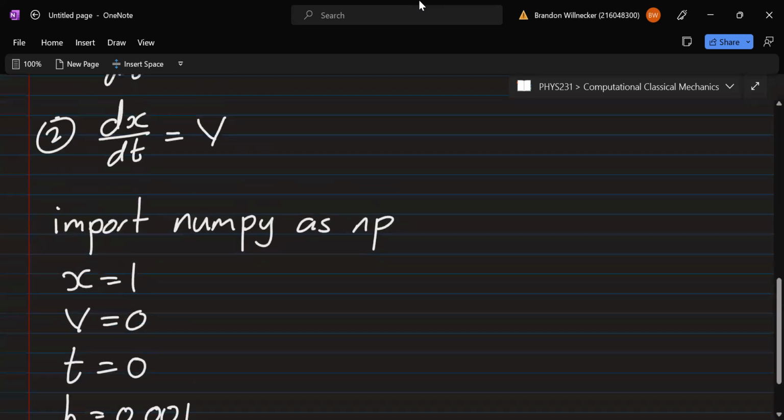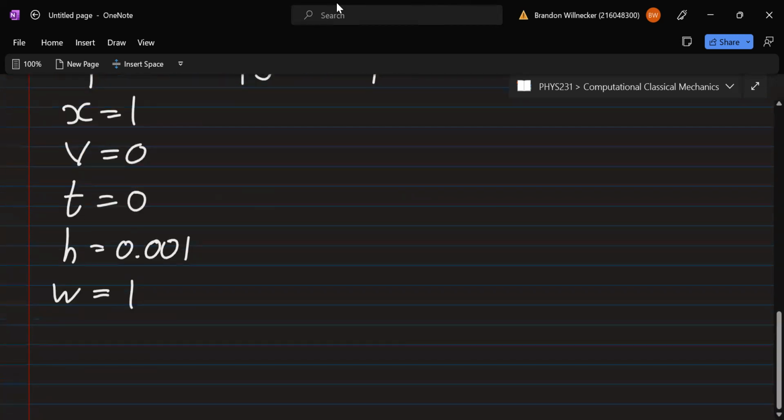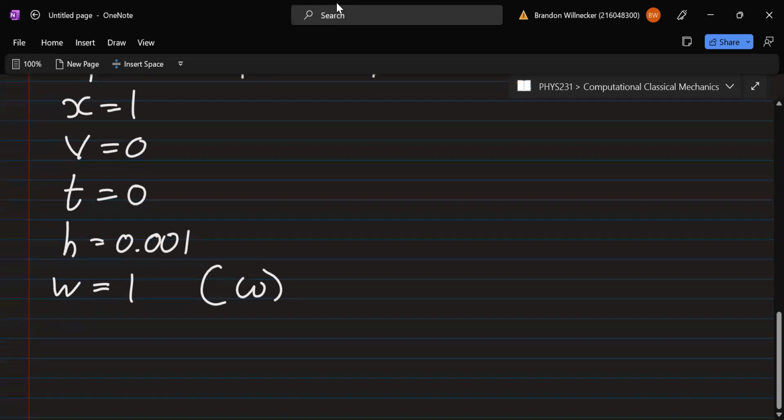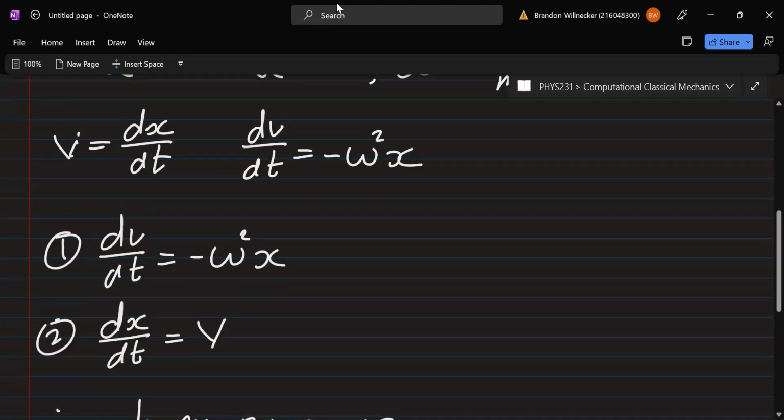And we also need to define omega, but let's just say omega we can write as w. Let's just set it to 1. Okay, you can change that and see what happens to your graphs. Okay, so remember this w, let's write that curly, that's our omega. Okay, let's do the updating procedure now. So while t is less than 5, we said we were going to run this for 5 seconds. Let's update our v.